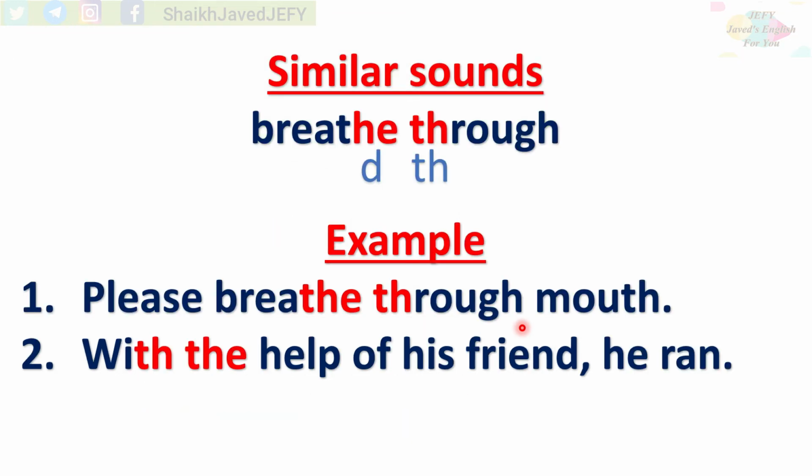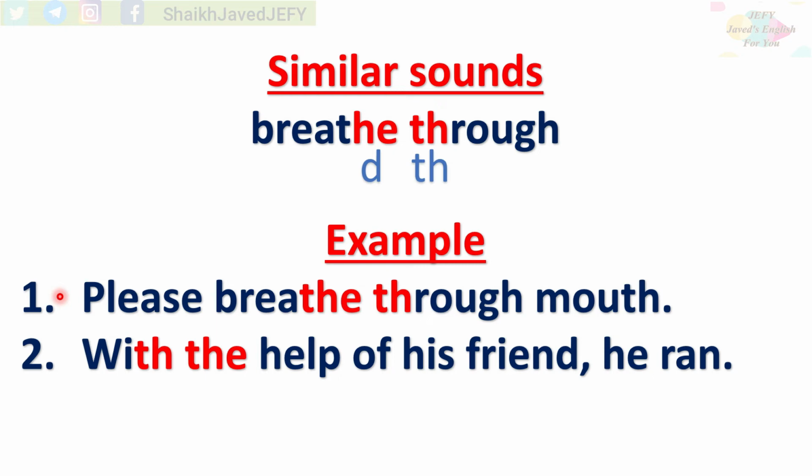And then we have similar sounds like D and Th. Got that? So if there is a word that ends in the sound and the other begins with the sound, you can just link them. Wrong pronunciation, please breathe through mouth, and the right pronunciation would be please breathe through mouth.